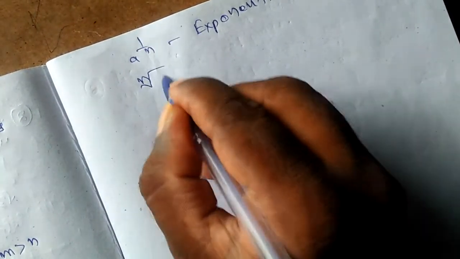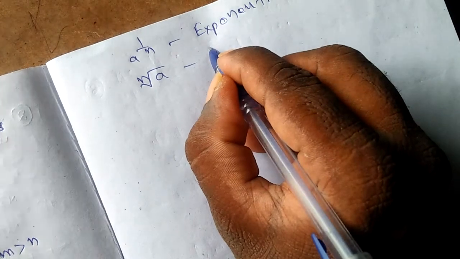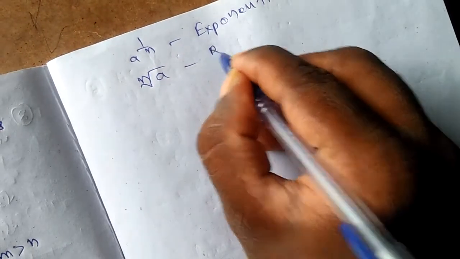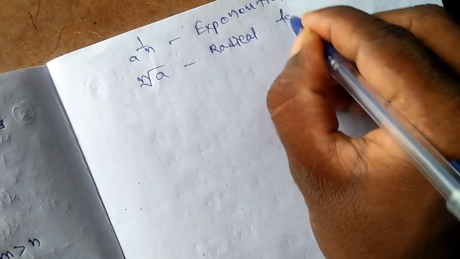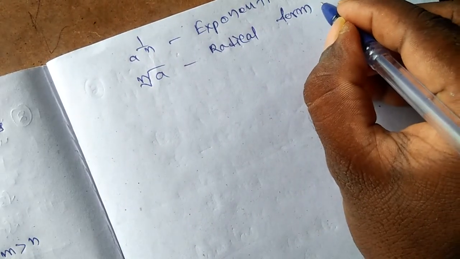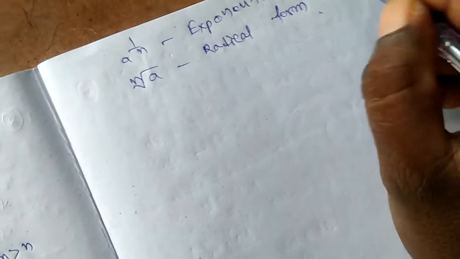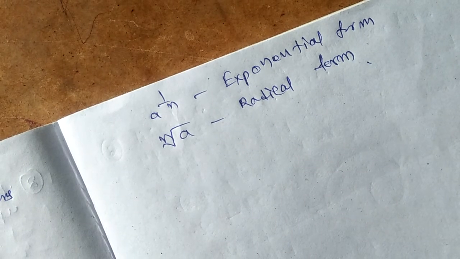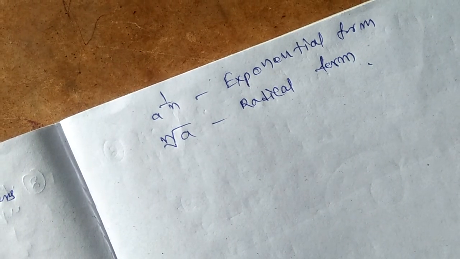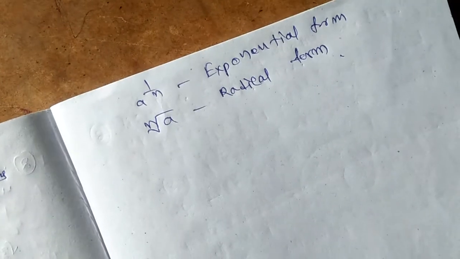Nth root of a is the radical form of the surd. So these are the two forms of the surds. One is the exponential form, and the second one is the radical form. Okay.